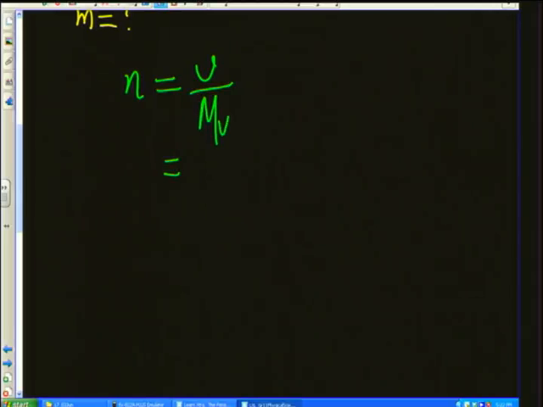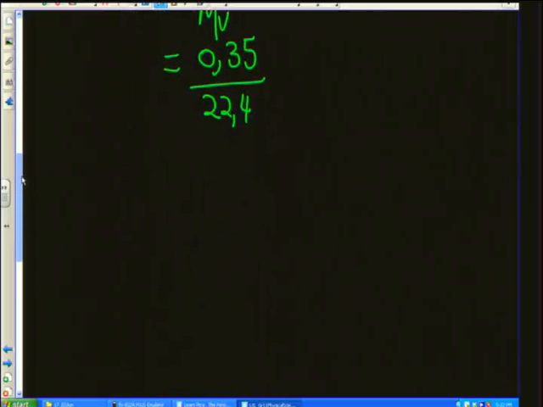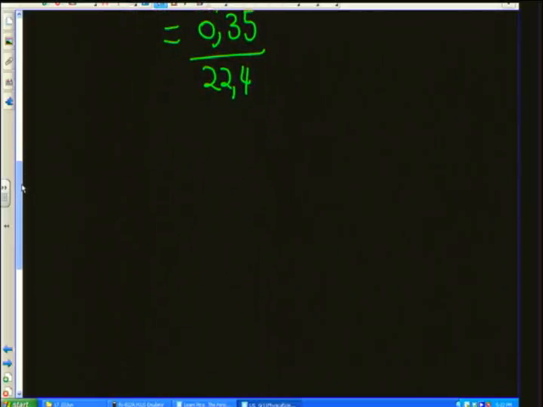Now, given volume is 0.35 divided by the molar volume, which is 22.4 cubic decimeters per mole. So what will this work out to be?